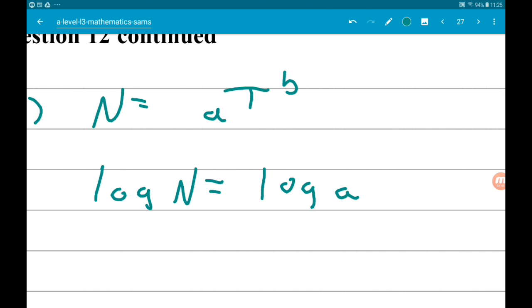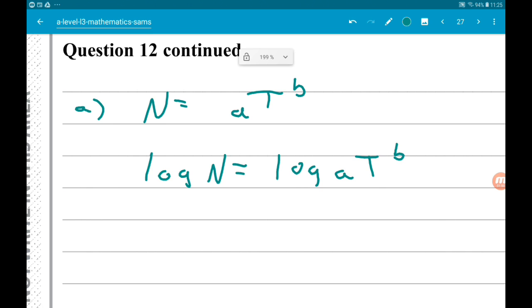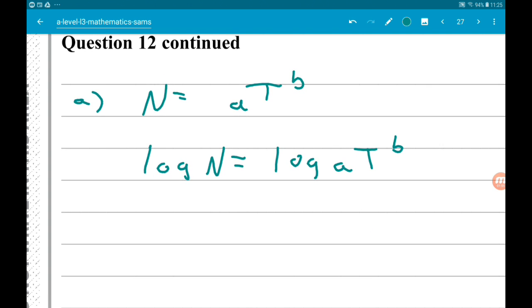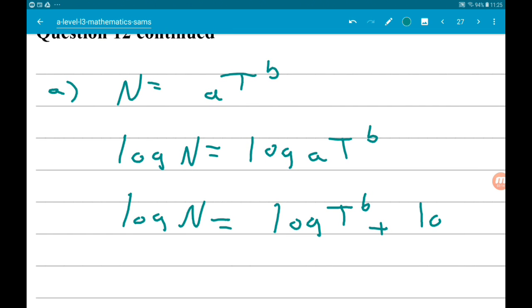Now by the rules of logs, we can split the right hand side. So we can say log n is equal to, now I'm going to write it as log t to the b, add log a. So that's just using the addition law of logs.